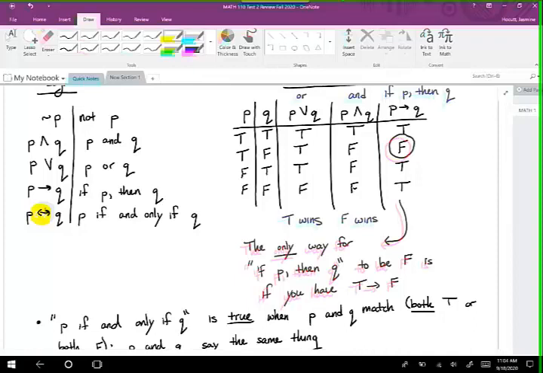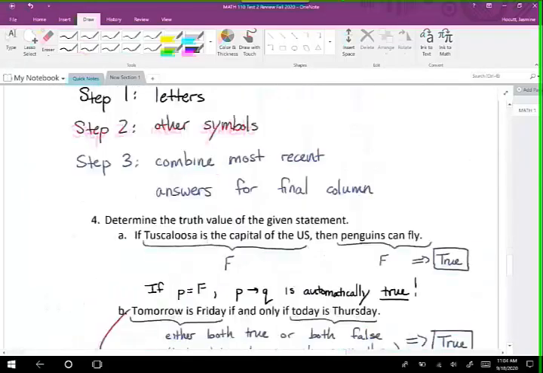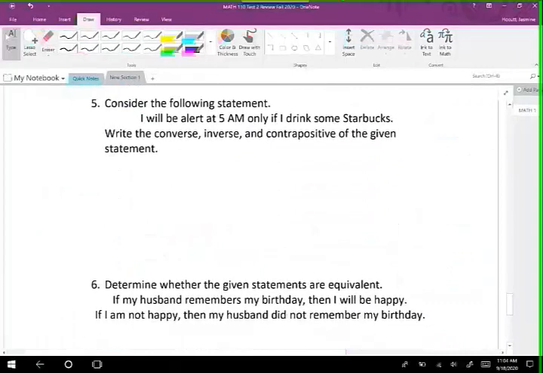Okay. All right, so let's scooch on back down. So the next problem is going to be about those 4 different statements, the conditional, and then the converse, inverse, and contrapositive. And so here's the following statement: I will be alert at 5 a.m. only if I drink some Starbucks. And they want the converse, inverse, and contrapositive.